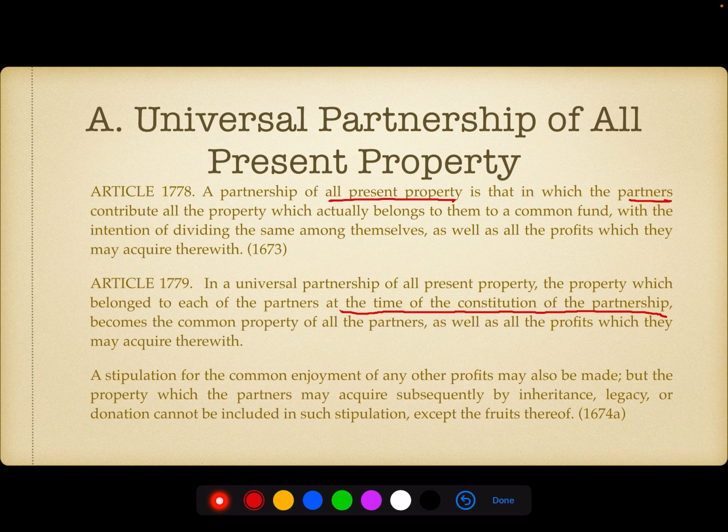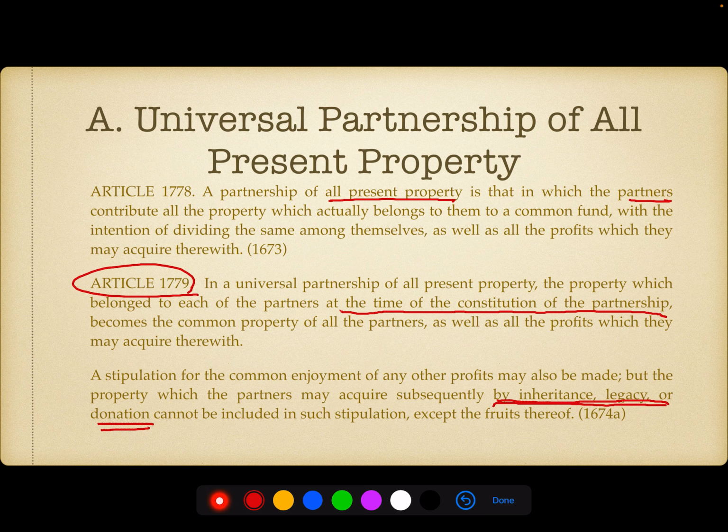So Article 1779, however, clarifies that what they cannot stipulate is to include property that they acquire by inheritance, legacy, or donation. So, if, for example, A, B, and C enter into a contract today and include their property and put in the partnership contract that they will also include property they will get later on.